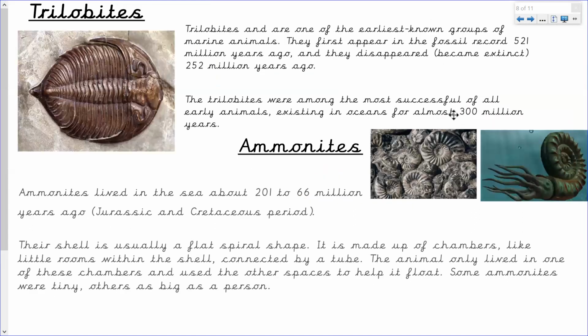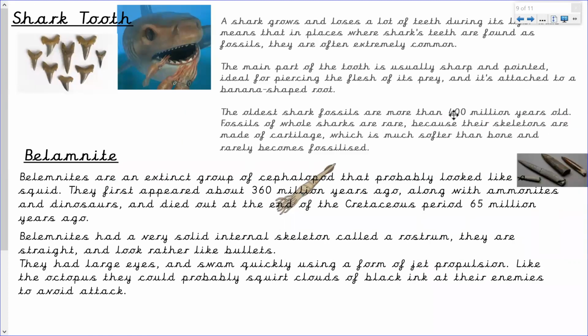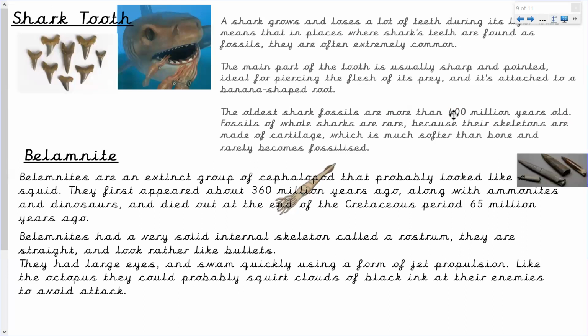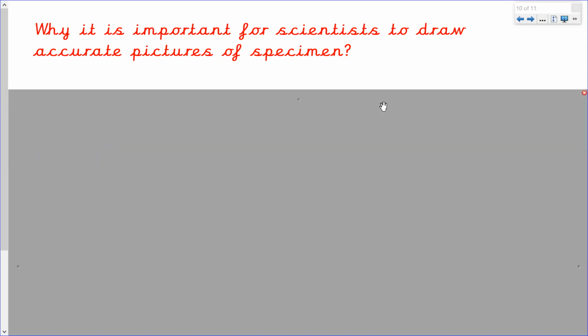Great. You can pause the video here and you can go back and look at the pictures. You can discuss what they look like, how old they may be, and what they are made of. Once again, if you have these pictures at hand on your piece of paper, have a look at that. Okay, so why is it important for scientists to draw accurate pictures of specimens?